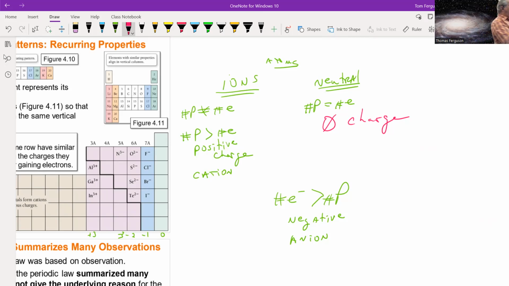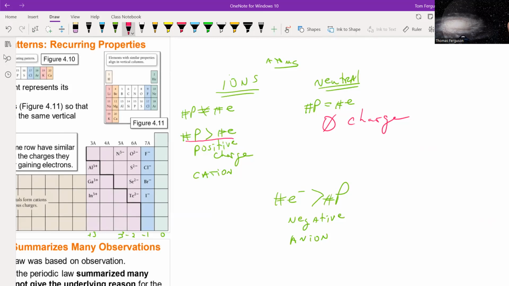Now, what if they're not neutral? What if the number of protons and electrons are not the same? Well, if the number of protons is greater than the number of electrons, then we have a net positive charge because the positives outweigh the negatives.